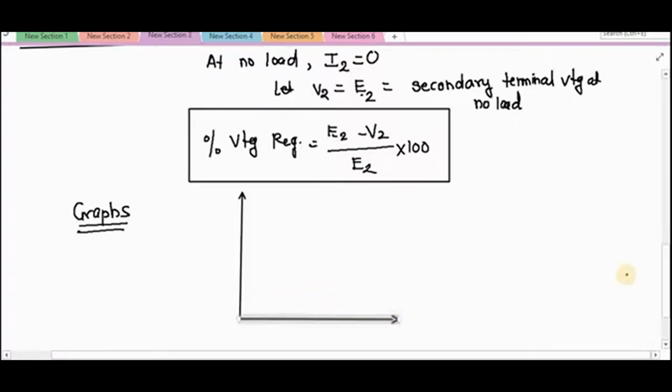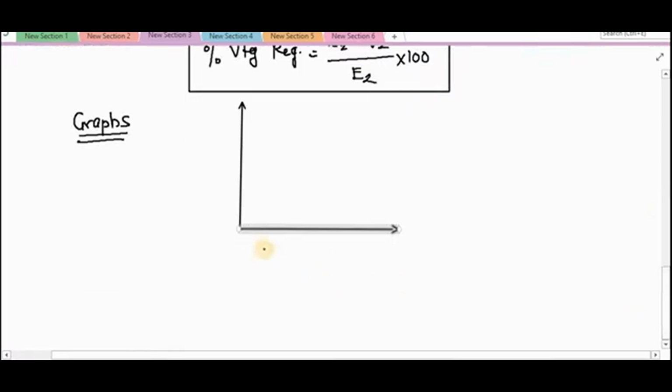So take load current on the secondary on the x-axis. What is load current? Load current is nothing but your I2 in amperes, right? And on the y-axis, if you take efficiency and regulation, then you will get a graph like this.